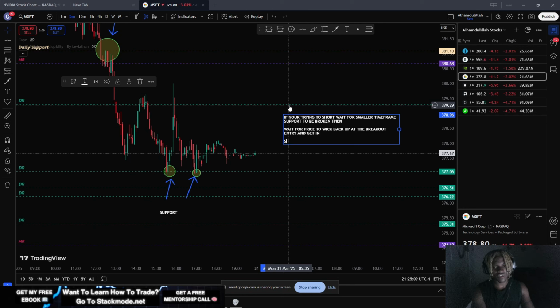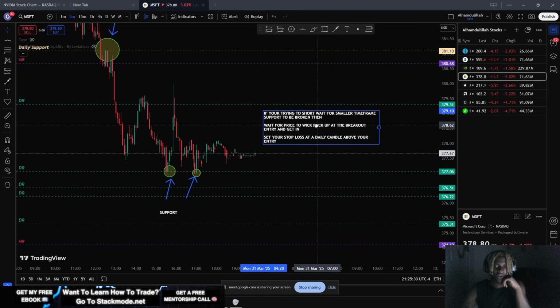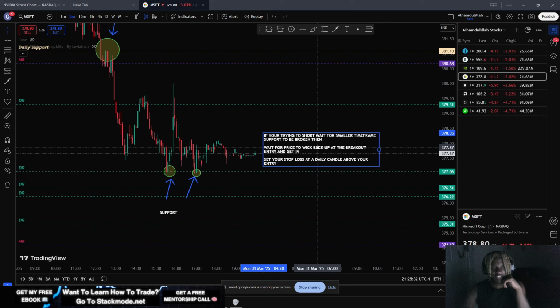Set your stop loss at a resistance. Set your stop loss at a daily candle above your entry. Okay. So this is going to be for the downside.